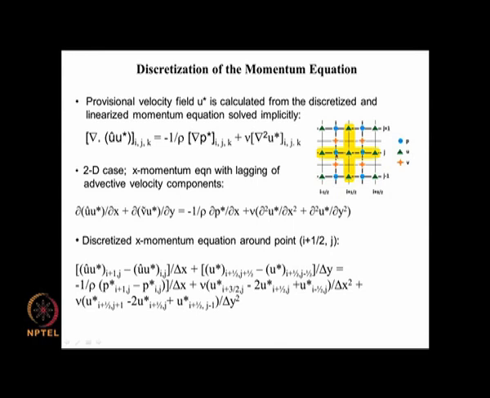We notice that pressure is evaluated at half distance in the x direction here, and it is not evaluated at these points here; it is evaluated in the y direction and only displaced by these points.